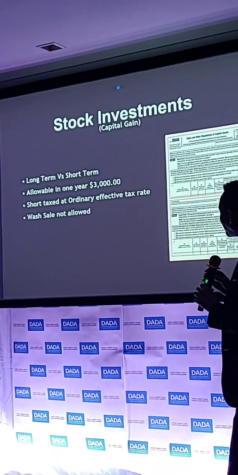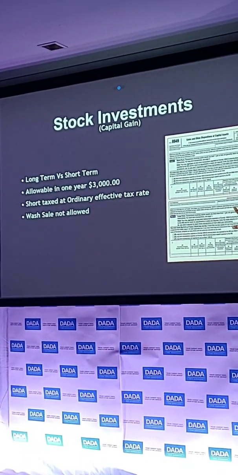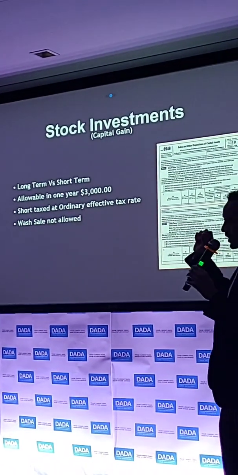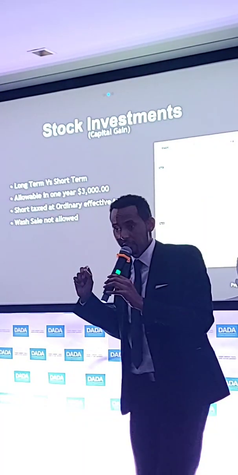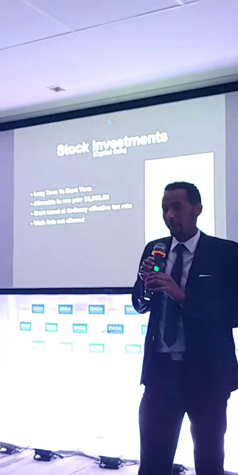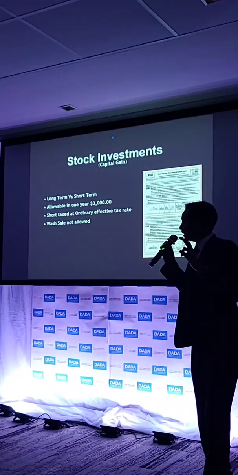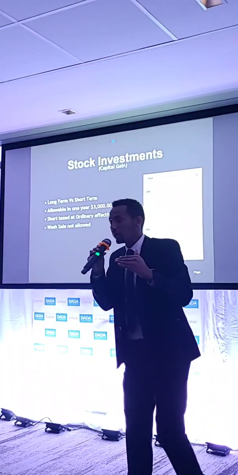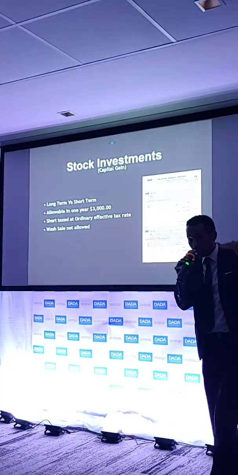Let's see how much it is. So this is a form. Use it for reporting your stock investments. In one year, you are allowed to have 3,000 in deductions. If it's more than that, you can carry it over to the next year's income. But these stock investments are differentiated into two: long-term and short-term. Long-term investments are taxed at a lower rate.